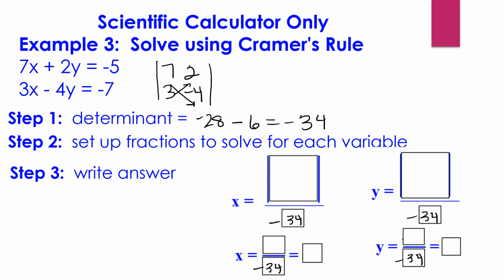Setting up our fractions, I'm going to keep my color coding the same. So the x coefficients, 7 and 3, now get replaced with negative 5 and negative 7. So in the x matrix, we will have negative 5, 2, and negative 7, negative 4.